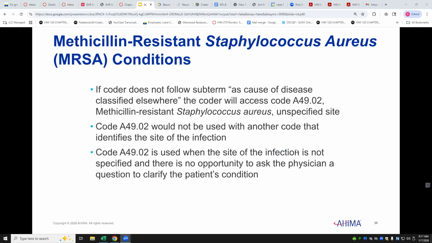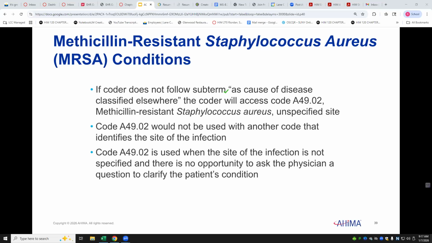If the coder does not follow the subterm, and this is important, please pay attention to this critical point, as a cause of disease classified elsewhere, you get directed to A49.02, methicillin staphylococcus aureus, unspecified site.